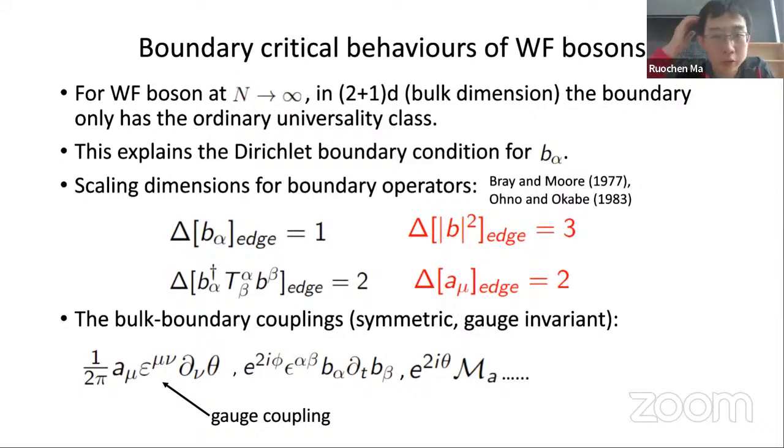So now forget about the gauge field, forget about the CP1 model, just consider the O(1) Wilson-Fisher boson in 2+1D, I mean the bulk dimension. And at the edge, there are several different possible edge transitions when you consider the ordering transition of the Wilson-Fisher boson. And when you consider the Liujun limits, only one out of these 3 is appropriate.